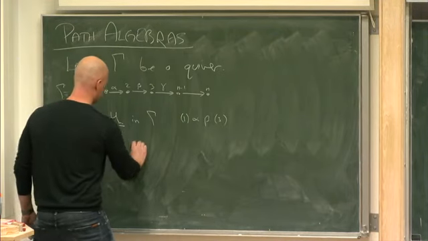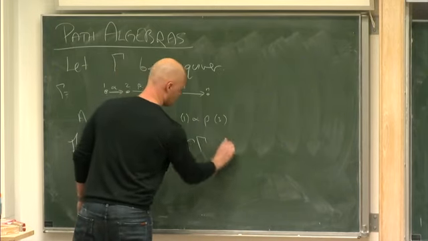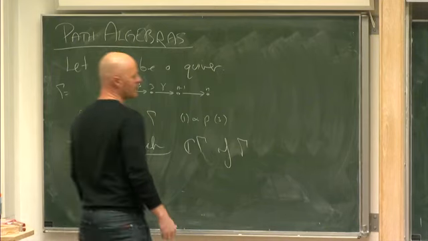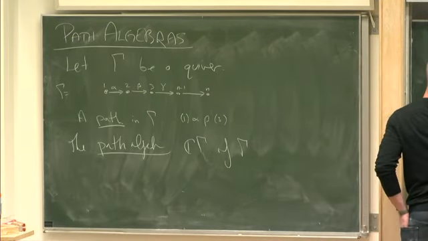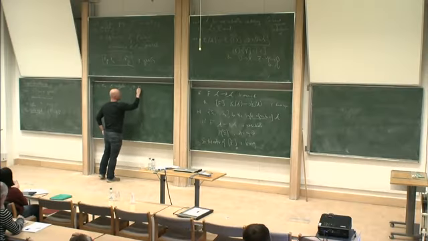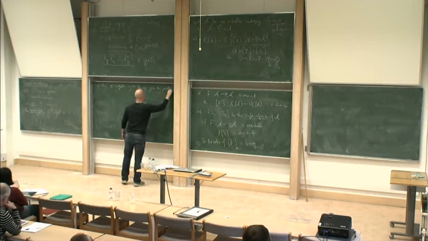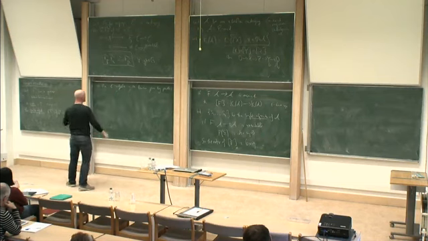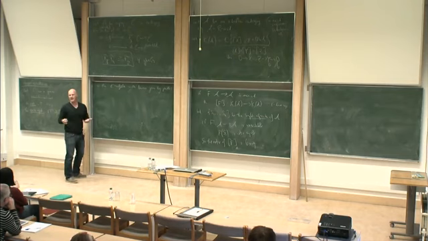So the path algebra of the quiver gamma is the algebra, say over the complex numbers, with basis given by all paths. So every path in the quiver is a vector in this vector space, and the multiplication is just concatenation of paths.